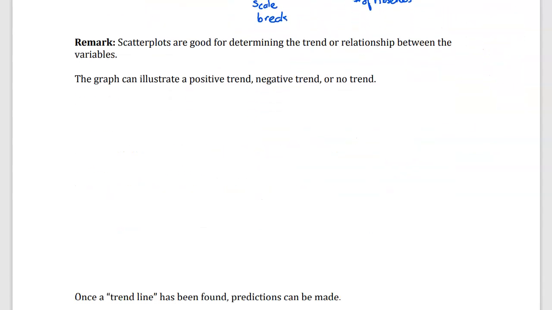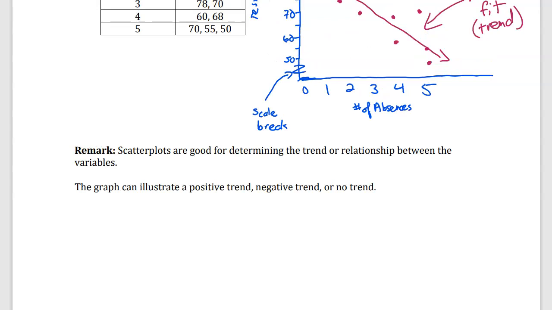Now, the graph can illustrate a positive trend, negative trend, which the one above definitely is corresponding to a negative trend. Think about back from your college algebra or your algebra, negative slope, negative trends.